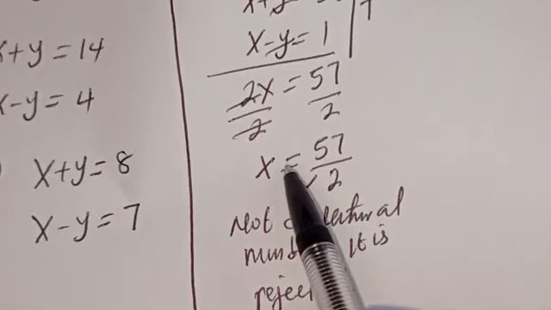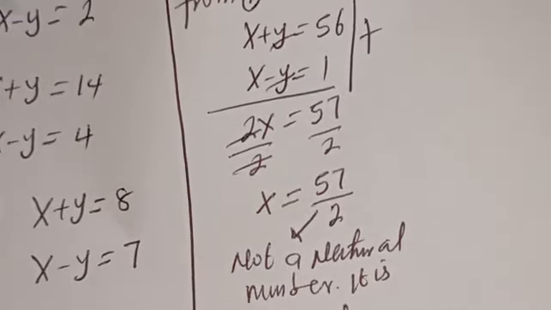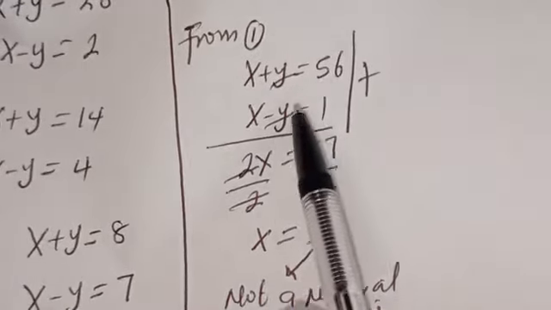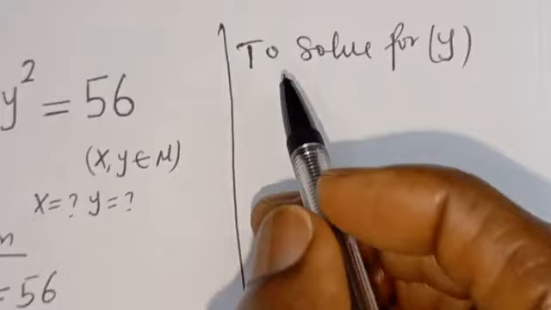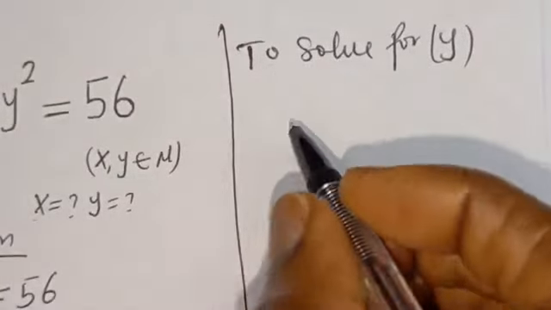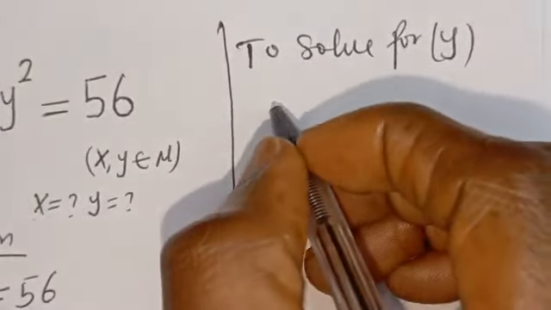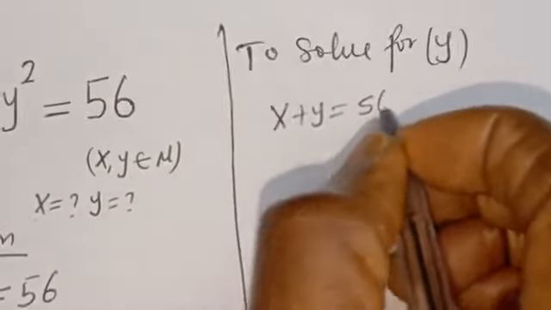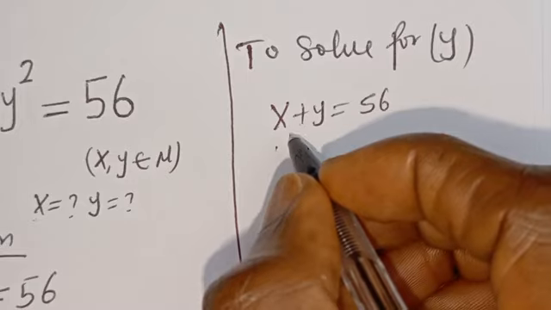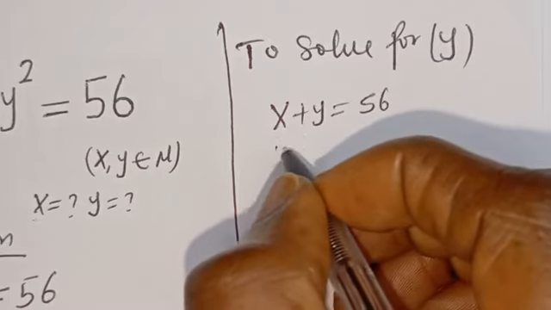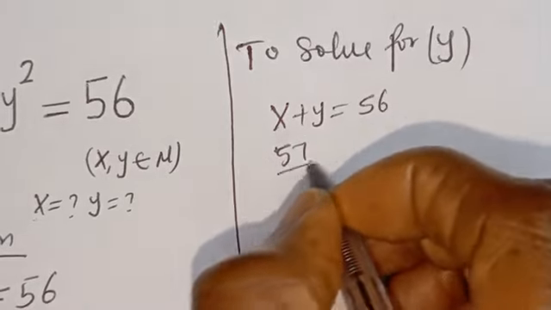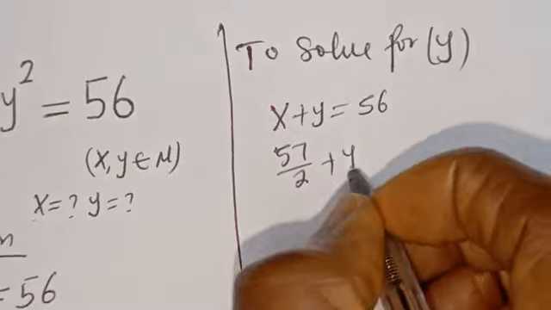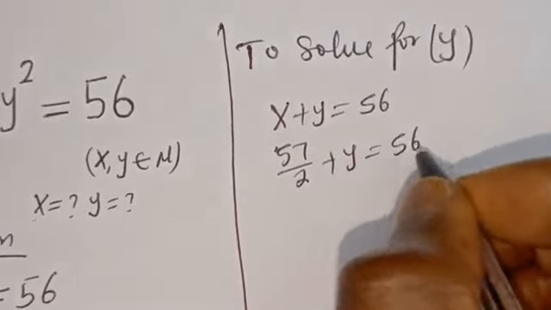Now, we've got the value of x. Let's solve for y using either the first one or the second one. To solve for y, let's use either 1 or 2. We have x plus y is equal to 56. When x is equal to 57 over 2, we have 57 divided by 2 plus y is equal to 56.